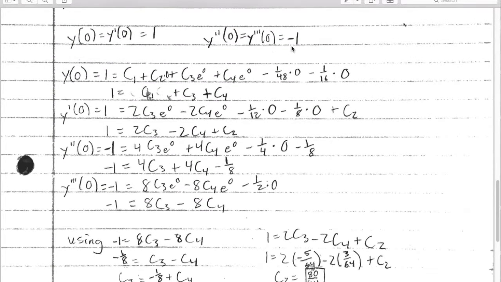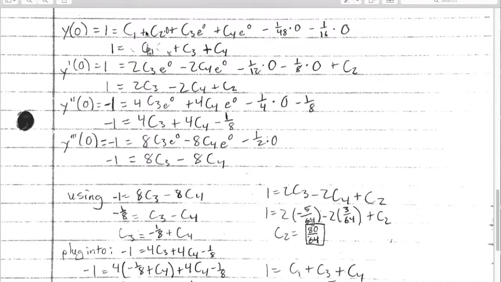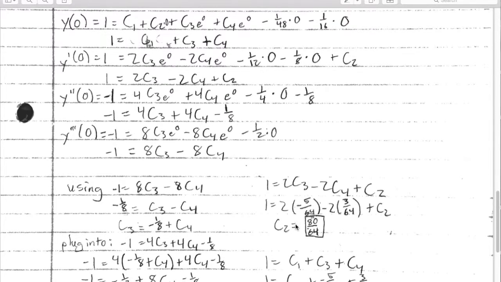Next, we use the second equation from the top, the one we found using the initial condition of the first derivative, which is 1 equals 2c3 minus 2c4 plus c2. That gives us 1 equals 2 times negative 5 over 64 minus 2 times 3 over 64 plus c2. Solving for c2 would give us 80 over 64.